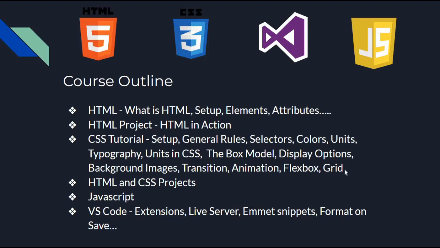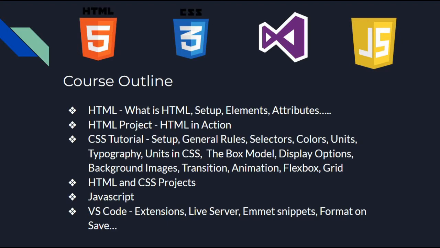The box model, display options, background images, transition, animation, flexbox, and grid layout. Then we'll be doing our first HTML and CSS projects. Then I'm still thinking I may have to separate JavaScript into another course in its entirety to properly deal with it.